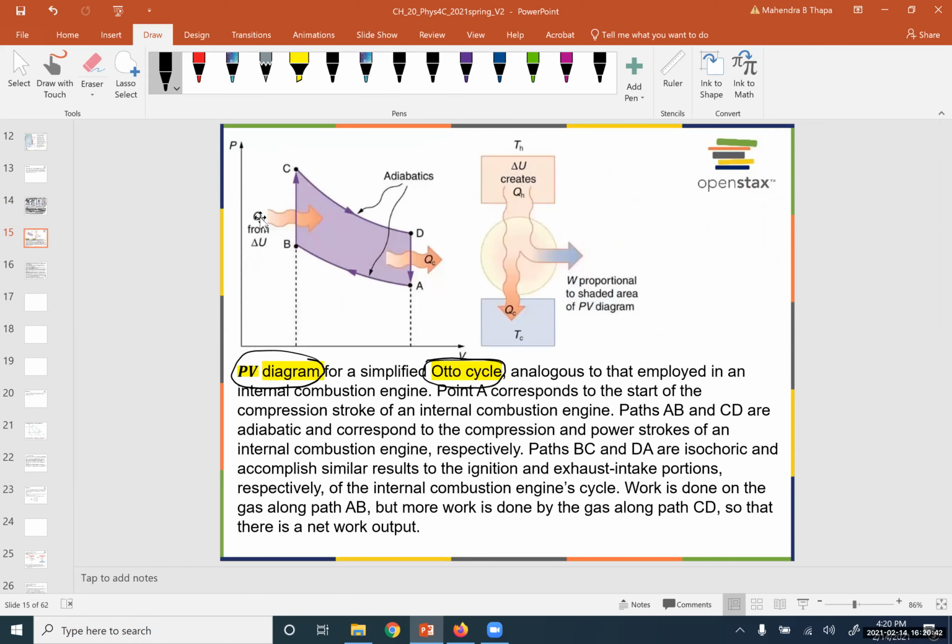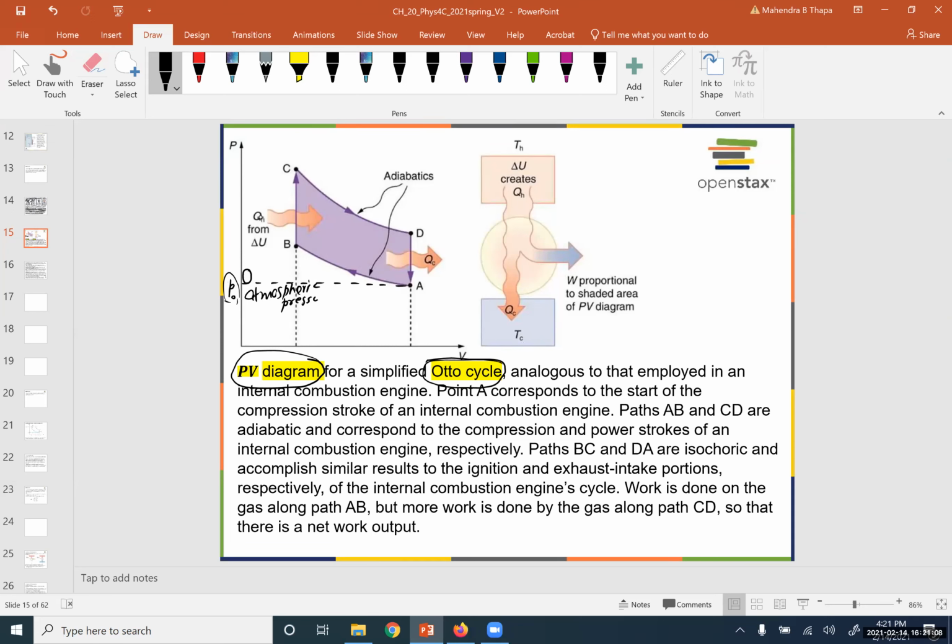Initially, the pressure was atmospheric pressure. So we start from point O, where the pressure is P naught, the atmospheric pressure.